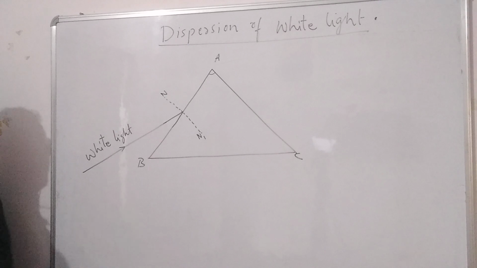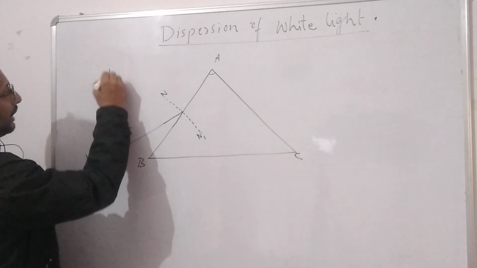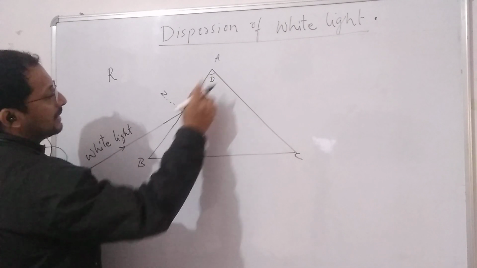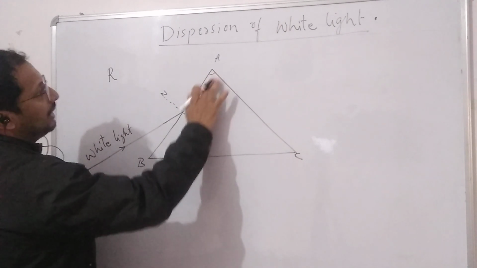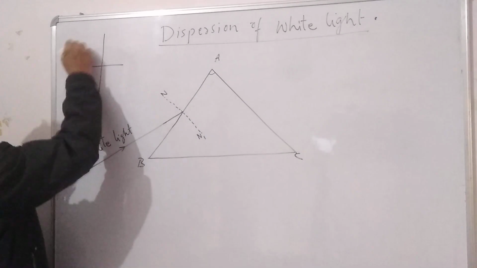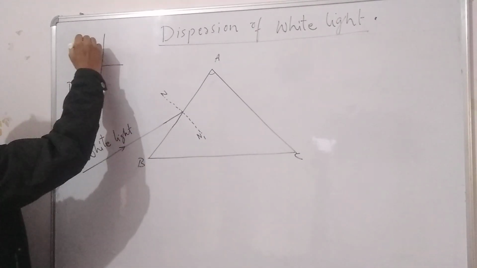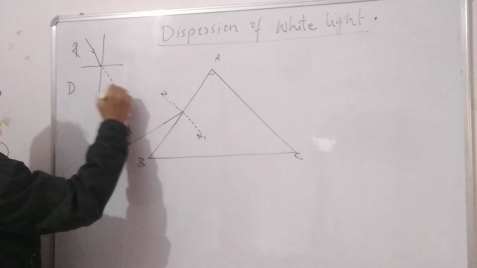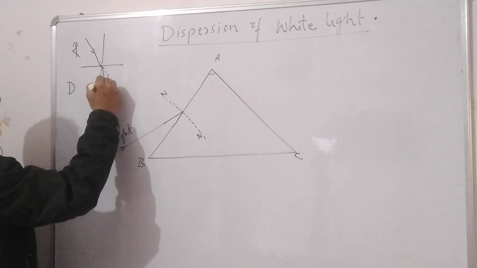Now all of you know that when a ray of light passes from rarer to denser medium, that is glass, if this is the incident ray, it bends towards the normal.